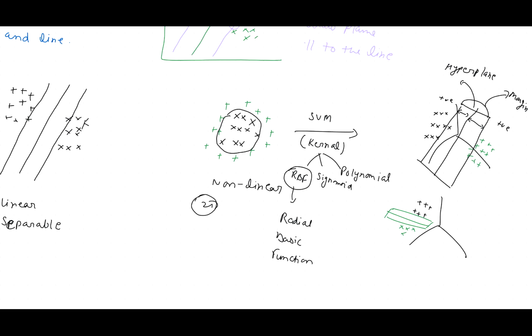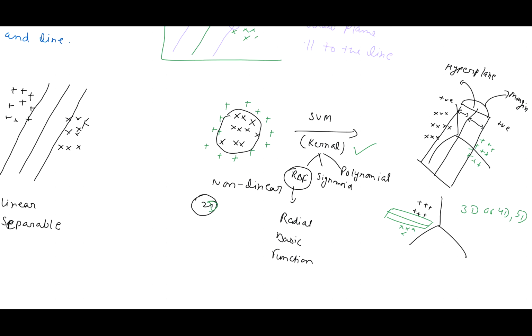Basically it is used with the kernel parameter. It will convert your first 2D data into 3D or more, 4D, 5D, and then separate it. This is the role of kernel. I will explain it in detail, but I just wanted to give you an overview of linear separable and non-linear separable.